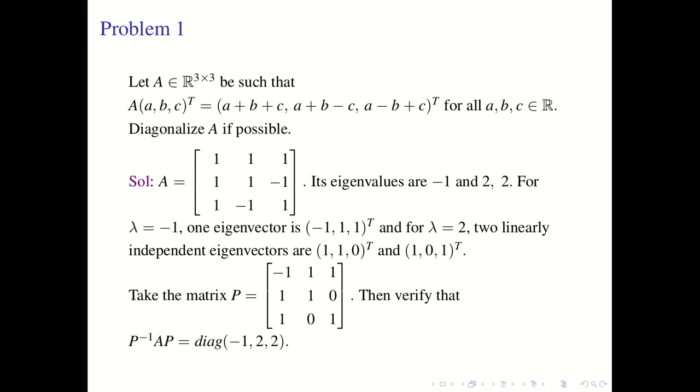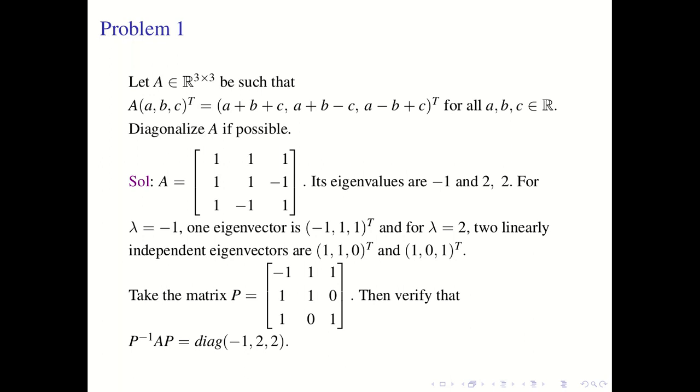You should verify that P inverse AP is indeed this. You can also verify that if you take the matrix P with first column (1, 1, 0), second column (-1, 1, 1) and third column (1, 0, 1), then the diagonal matrix that you get by taking P inverse AP will be diagonal (2, -1, 2).